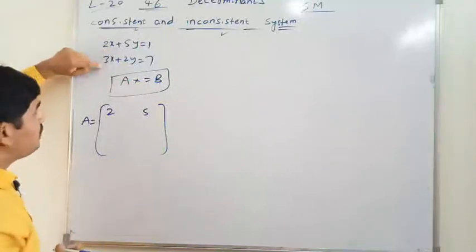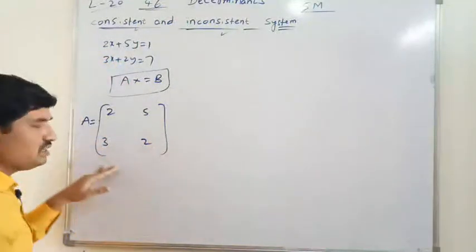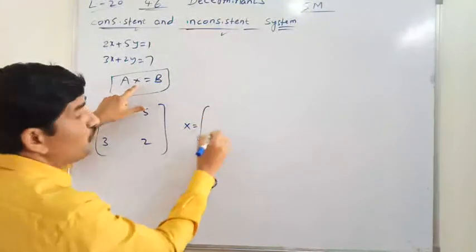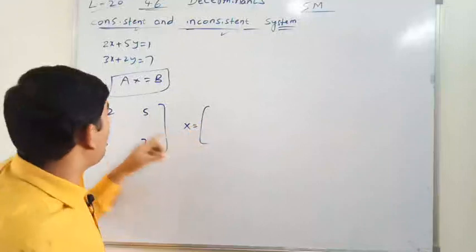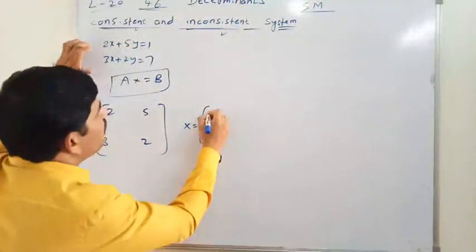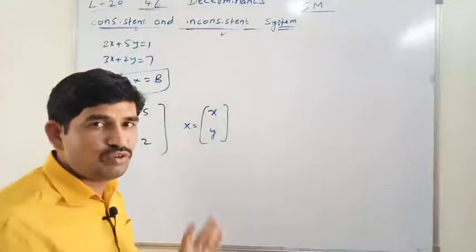In the second equation, again we take the coefficient of x and the coefficient of y. So this is the matrix A. After that, x is a variable matrix, in which we write whatever variables are present in the system of equations. Remember that. Are all of you able to understand?